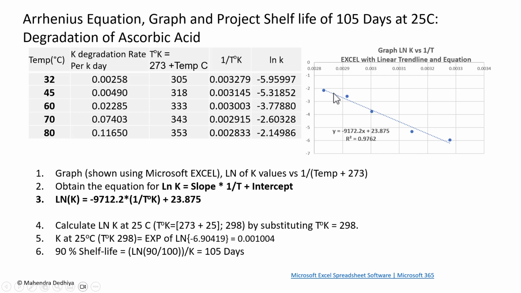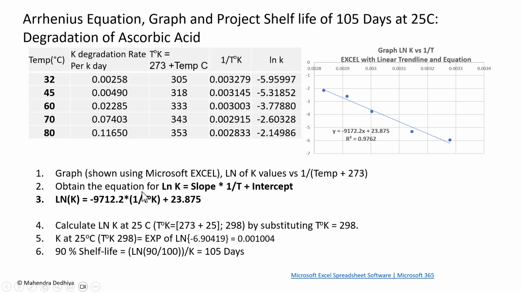This was done with Excel software, and with Excel, a linear trend line and equation was projected. This can be done manually using log paper also. So the equation for ln K is minus 9712.2 multiplied by 1 upon T plus an intercept of 23.875.